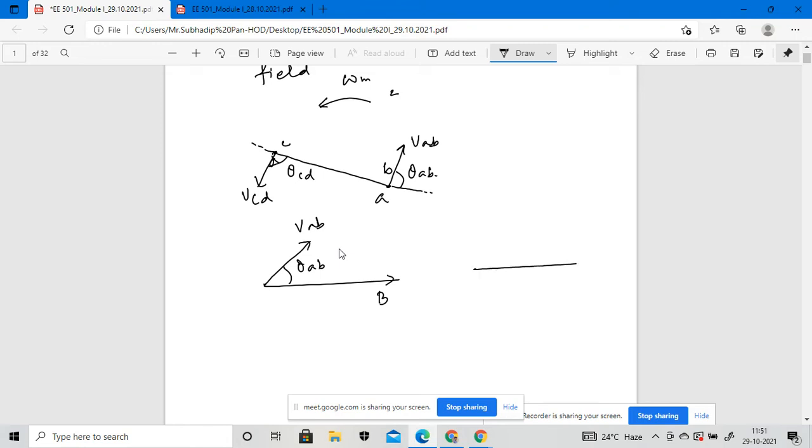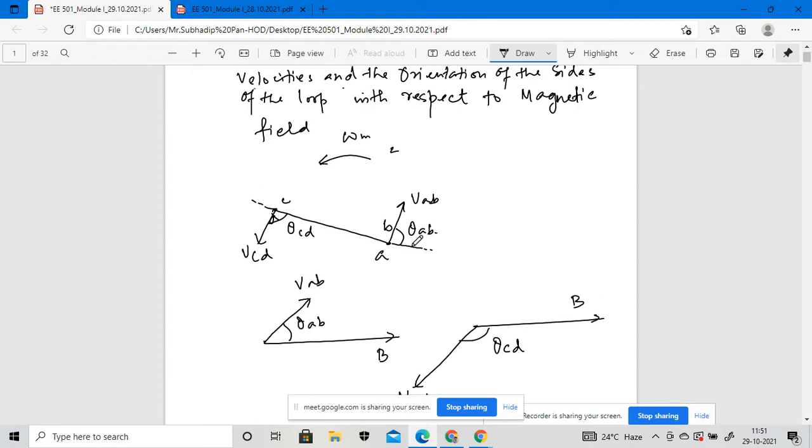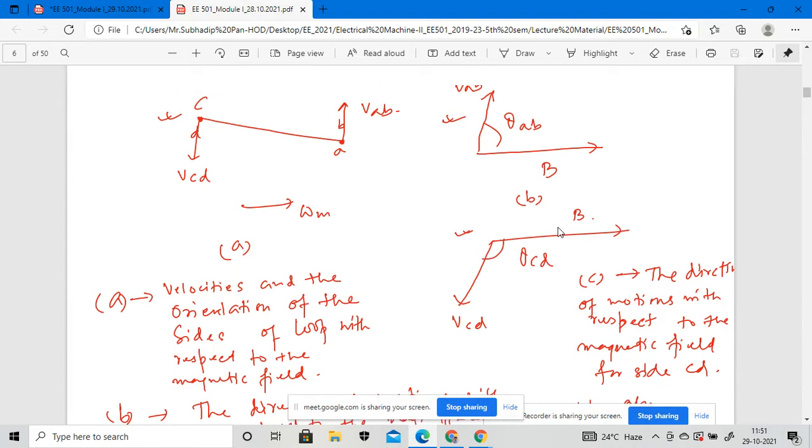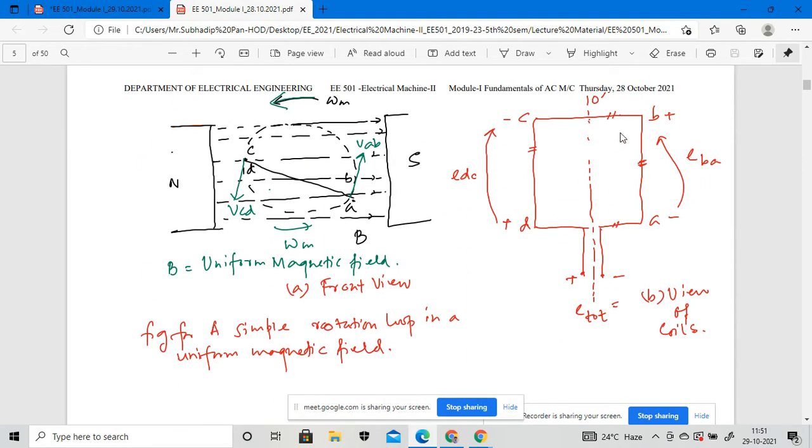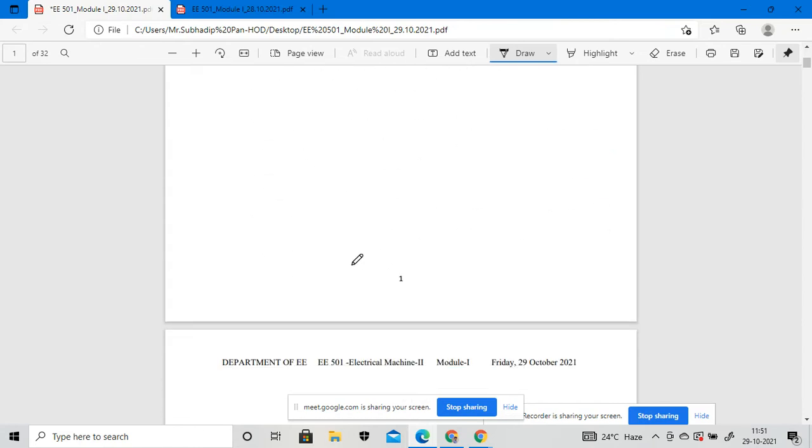And if I draw this, this is my B and this is my V of CD, this angle will be taken as theta of CD. So this is actually the direction of motion. This figure contains the direction of motion with respect to the magnetic field for the side CD, right?